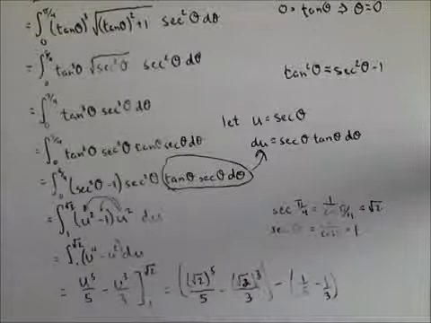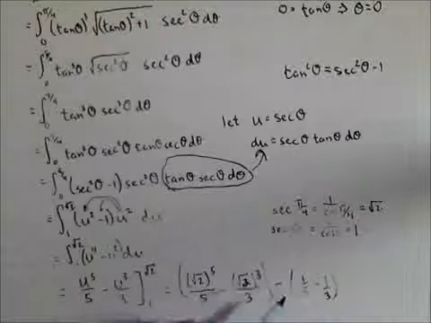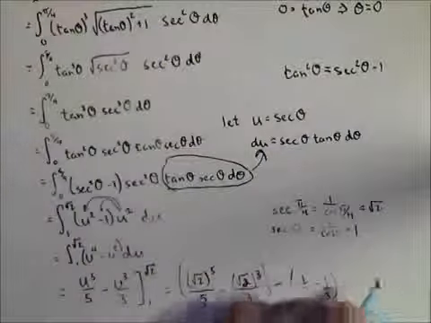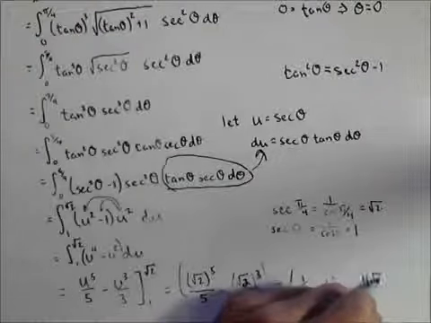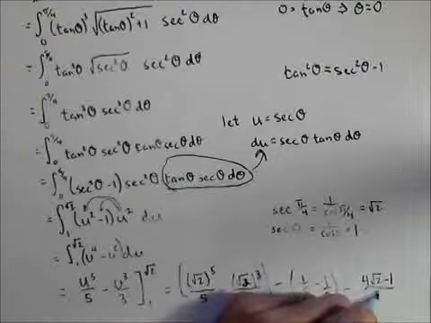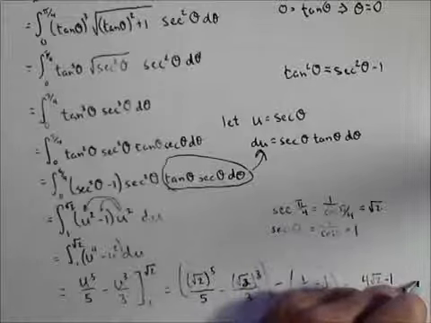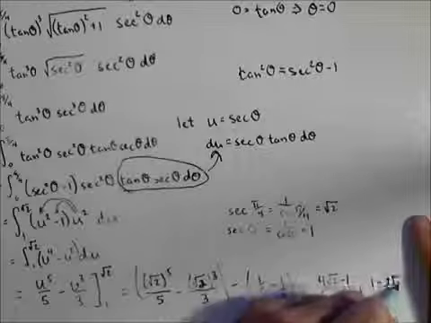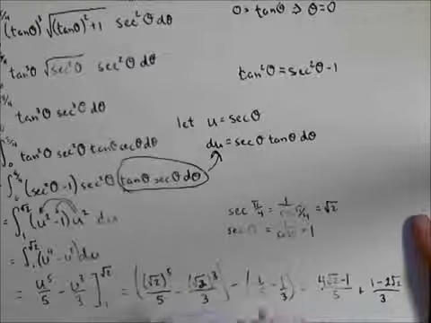There's not a ton of simplifying we can do in here. We can match up some like terms and get this thing down to 4 root 2 minus 1 over 5 plus 1 minus 2 root 2 over 3.